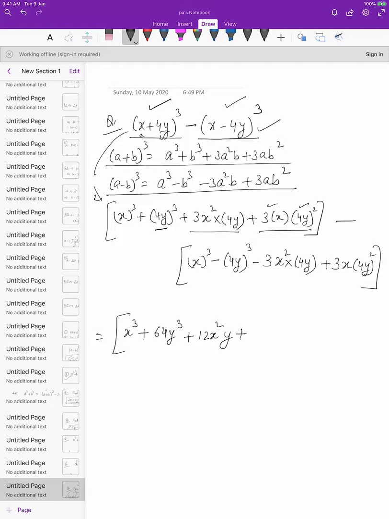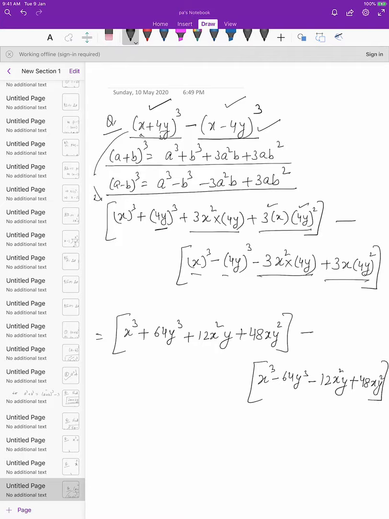So plus 48xy square. Bracket closed, minus the second bracket: x cube minus 64y cube, minus this, it will give you minus 12x square y, and here we will get plus 4 into 4 is 16, 16 into 3 is 48xy square.